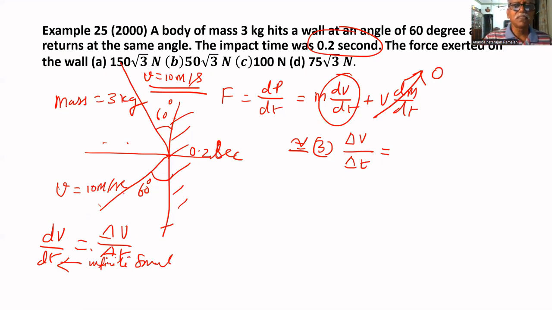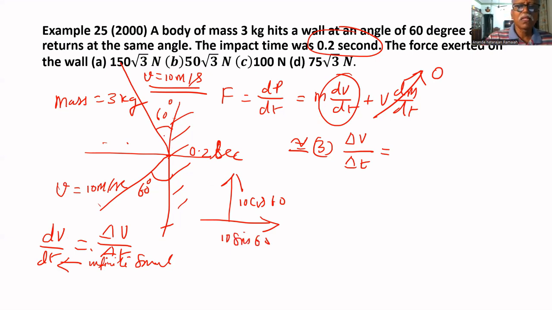It hits at 10 meter per second. That's why we have to resolve this into two components. One is the cos component, along the wall, equal to 10 cos 60. Another is the vertical component, 10 sin 60.